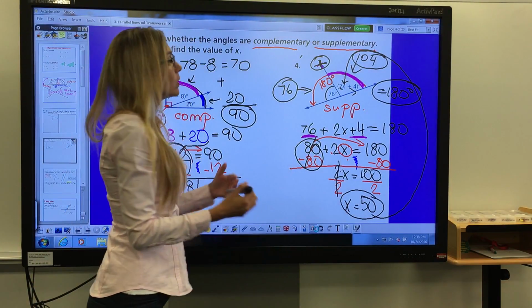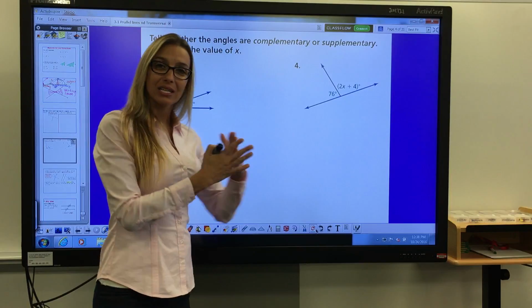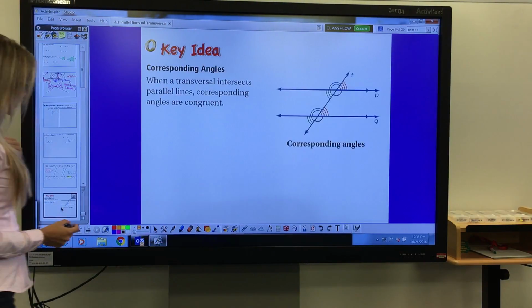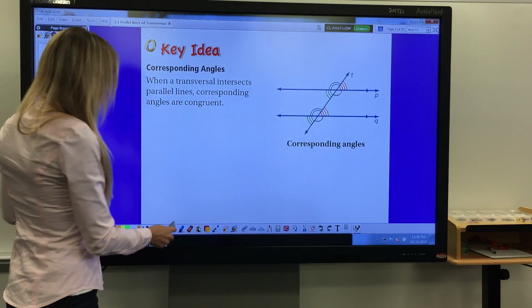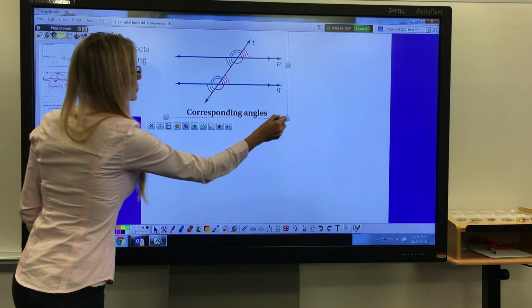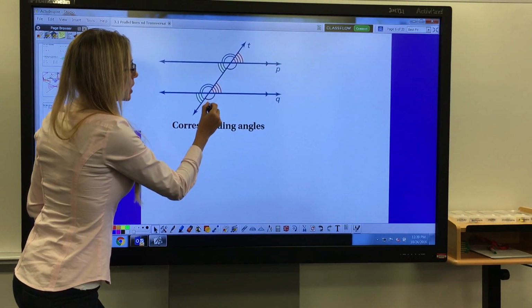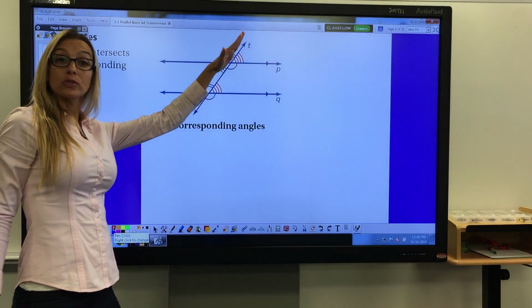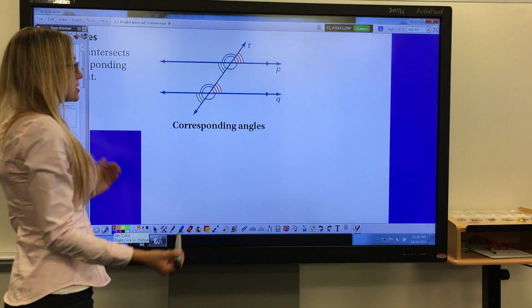Now let's keep on going because chapter 3.1 is kind of extensive. So let's look at a couple things in here. This chapter talks about parallel lines and transversals. In parallel lines, we also talk about corresponding angles when they're cut by a transversal. What does it mean?